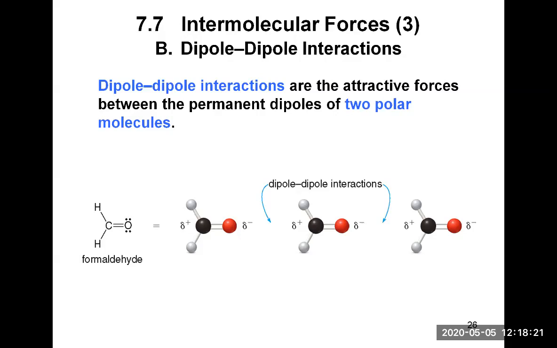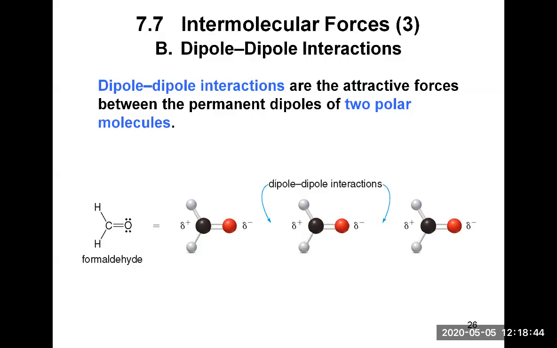And so a molecule of formaldehyde will be attracted to another molecule of formaldehyde such that the oxygen will be attracted to the carbon of the other molecule, right? And yet this second molecule, the oxygen of that second molecule will be attracted to the carbon of a third molecule, right?